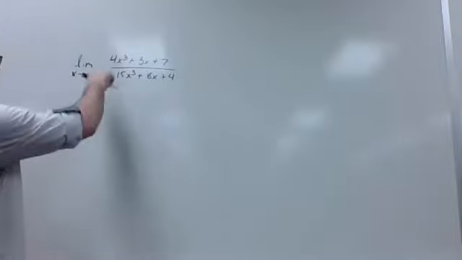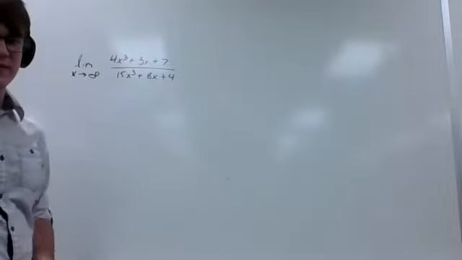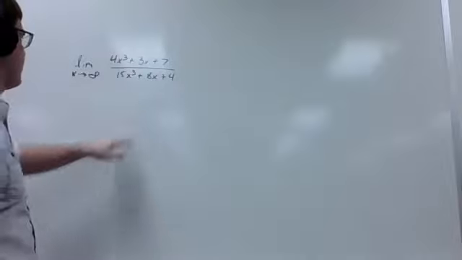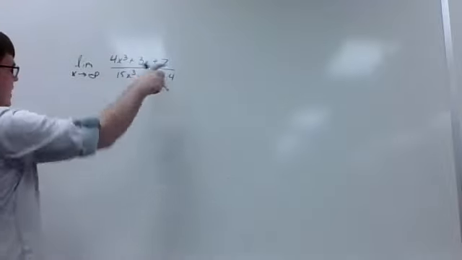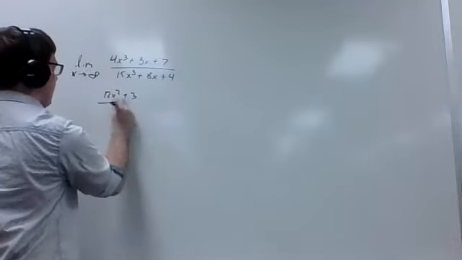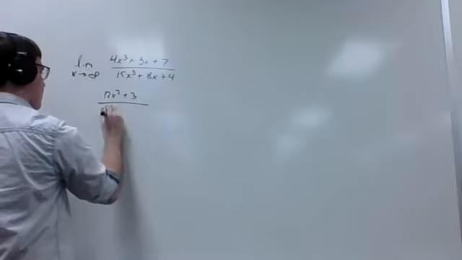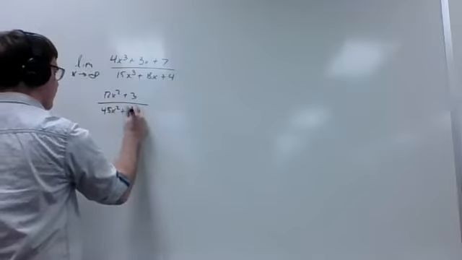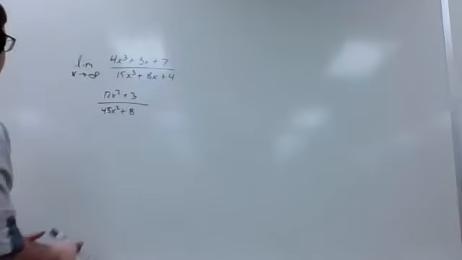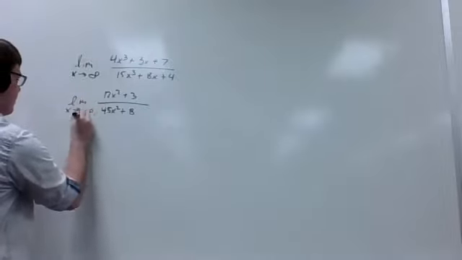In this case, if we plug in x, we get infinity over infinity as x approaches infinity. So we take the derivative of the top, which is 12x squared plus 3, over the derivative of the bottom, which is 45x squared plus 8. And that's the limit as x approaches infinity.